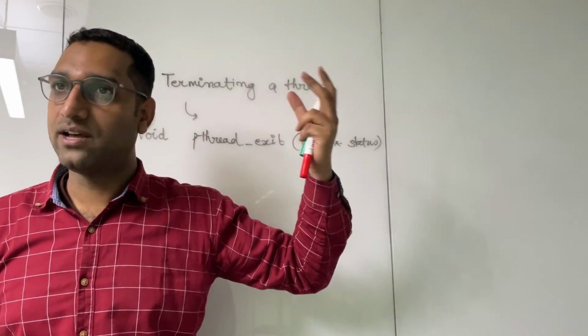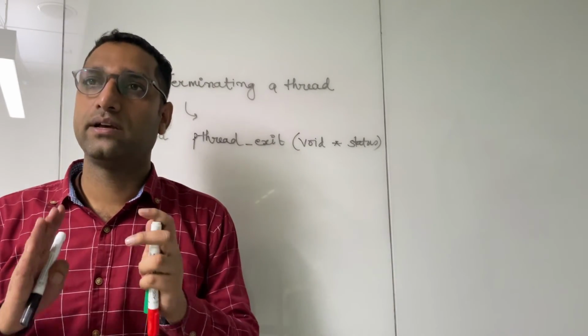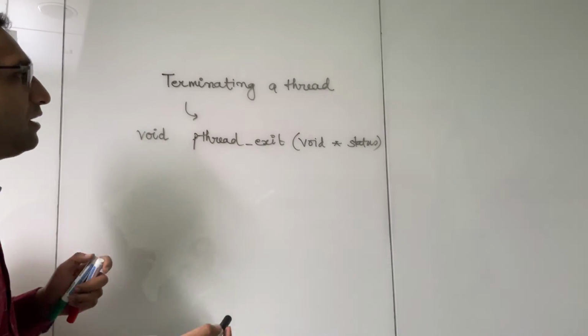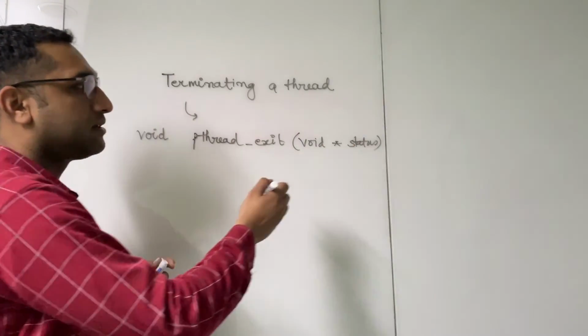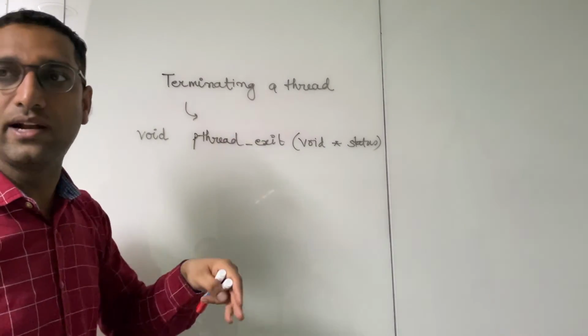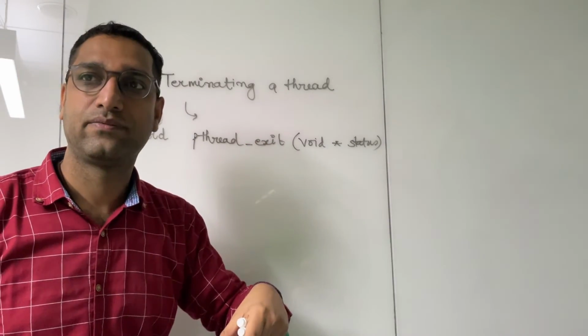So if we pass NULL, it won't care how the other thread terminated. But if we set up a status variable there, that status variable can catch this value, if the thread which is now terminating is terminating by pthread_exit.